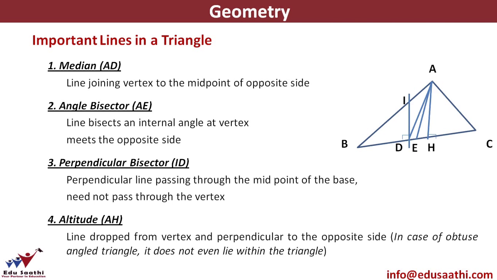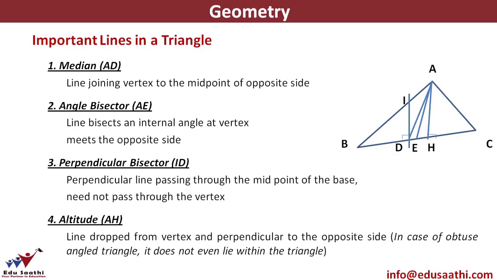So let's look at the figure and we'll try to represent all the four lines in the same figure. Now look at AD. D is the midpoint of BC. If I join AD, AD becomes a median, which is from the opposite vertex to the midpoint of the base. AE is an angle bisector.